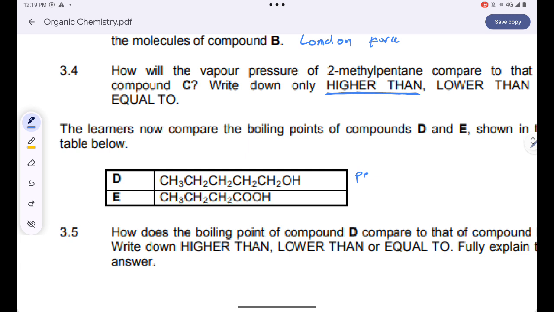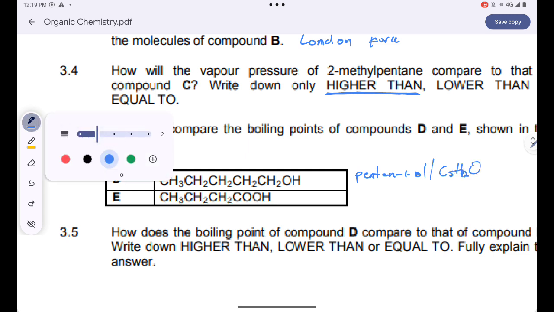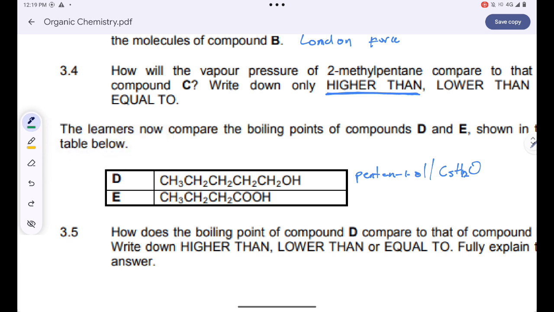It's just pentan-1-ol. Are you together? The molecular formula is just C5H12O.